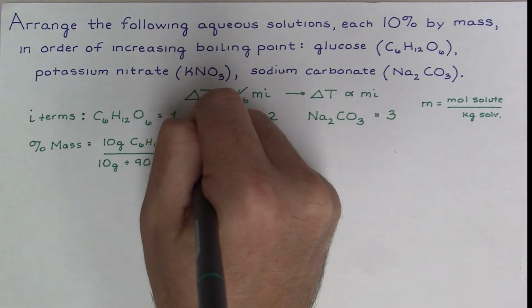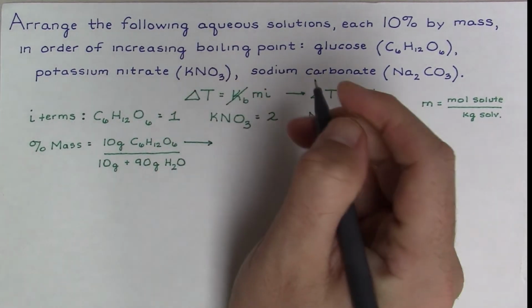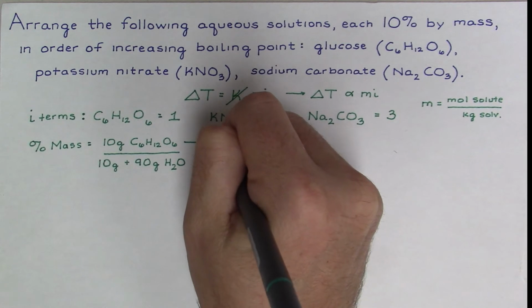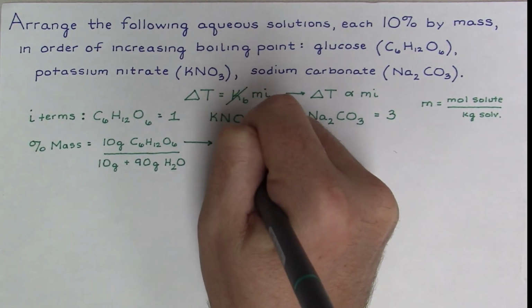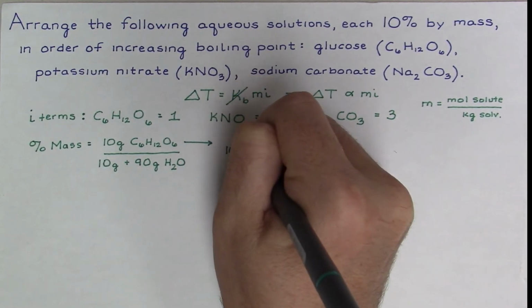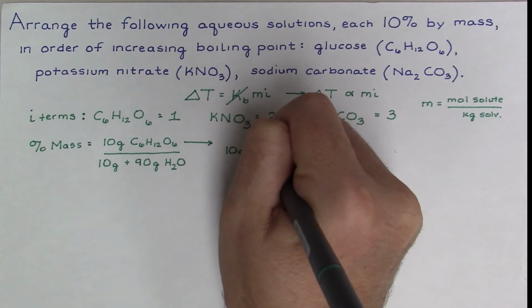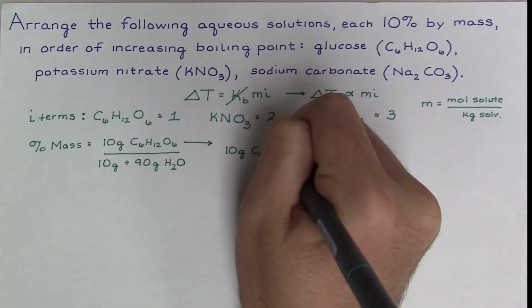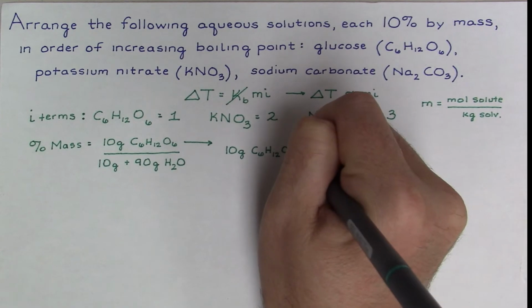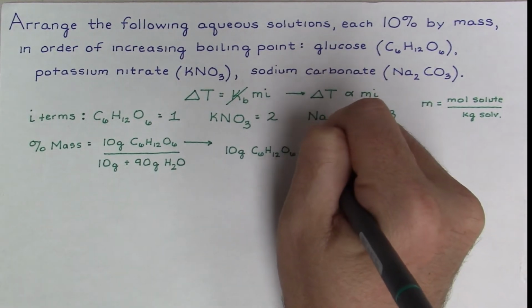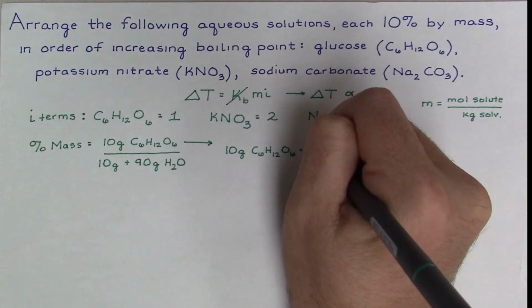Now we need to convert our grams of our solute to moles of solute. So we're going to take the 10 grams of the C6H12O6 and multiply it by 1 mole over the molar mass.